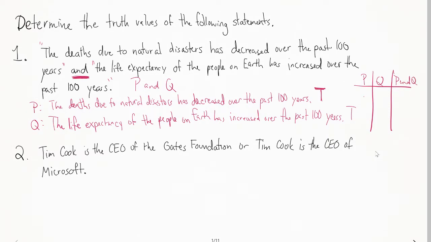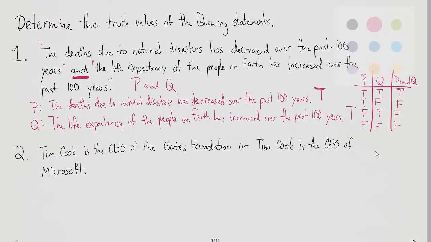The scenarios for P and Q: you can go true and true, true and false, false and true, and then false and false. The rule for P and Q is that it is true only when both the P value and the Q value are both true. So this would be true, and that means the rest are false.